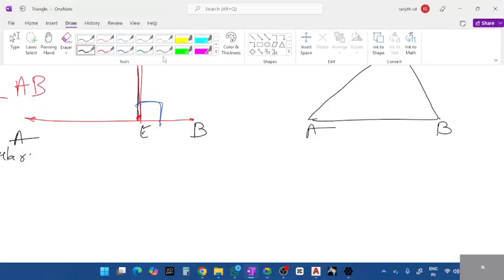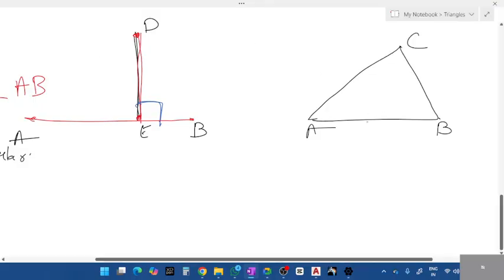So what do you mean by midpoint, students? For AB, if I keep a point here, what do you call this? You call this a midpoint. It divides AB into how many parts? Two equal parts. Now I'll join a line like this. What do you call this line CE? You call it a median.